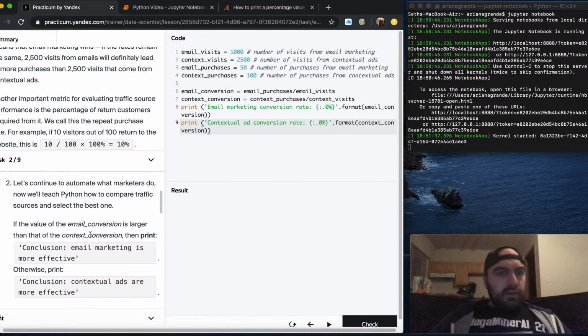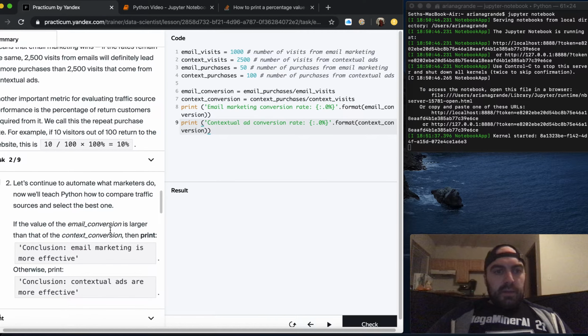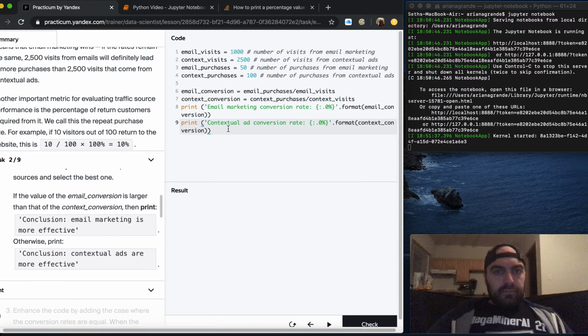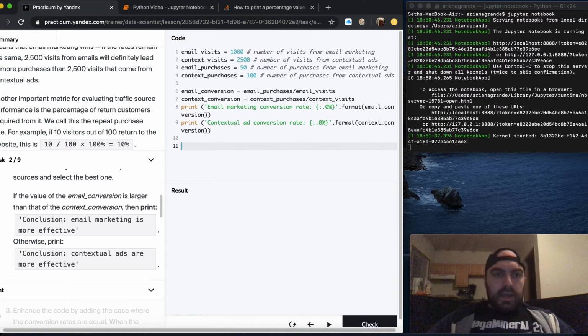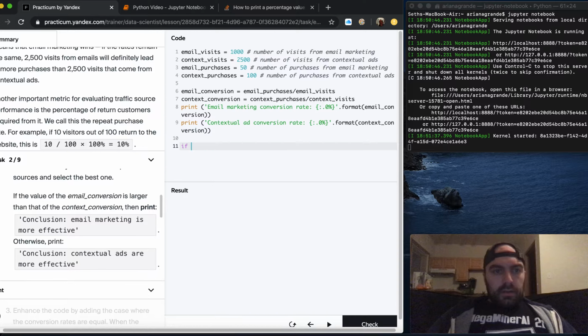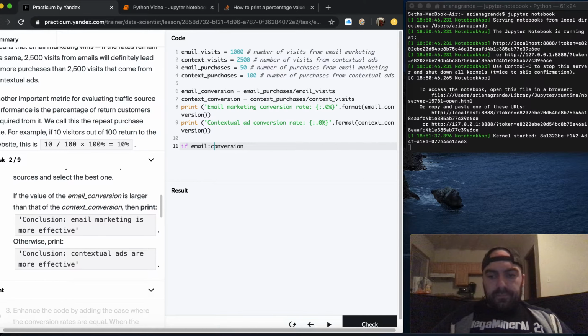Okay, so let's continue to automate what marketers do. Now we'll teach Python how to compare traffic sources and select the best one. If the value of the email conversion is larger than that of the contextual conversion, then print. Okay, so if email conversion, oh, it's an underscore there.